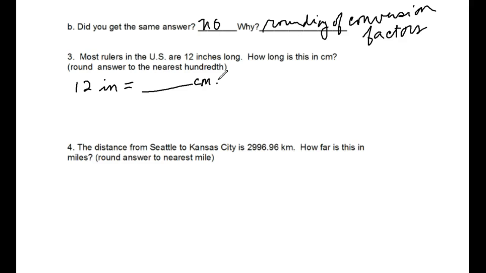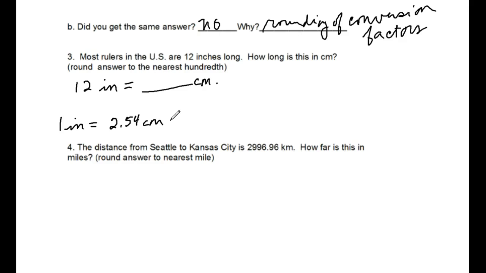So I'm going to look on my table and see that 1 inch equals 2.54 centimeters. And notice there isn't at the bottom 1 centimeter equals. Okay, so we've only got one conversion factor here, so we're going to just have one answer.